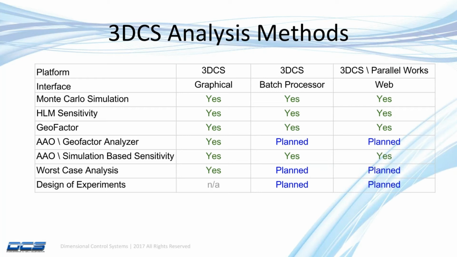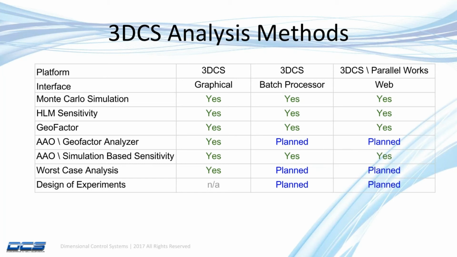And then we've got the 3DCS ParallelWorks, which is integrated into your web browser. So Monte Carlo simulation, HLM sensitivity, geofactor, these are supported everywhere. The AAO geofactor analyzer is still being planned to implement in the batch processor. And once it's implemented there, we'll be able to put it up on the web for ParallelWorks.